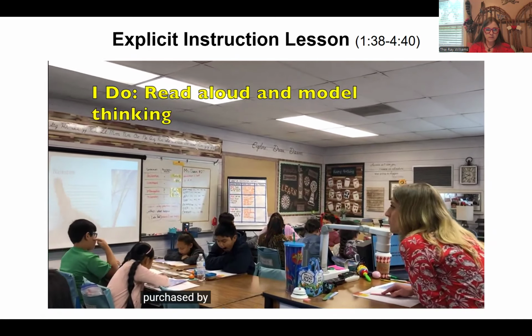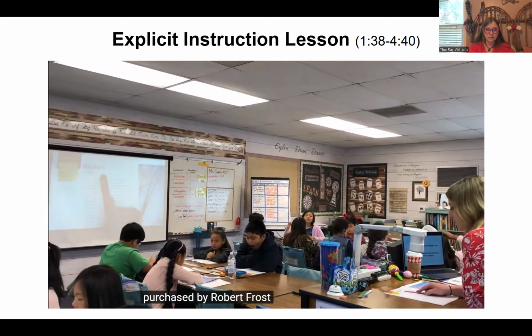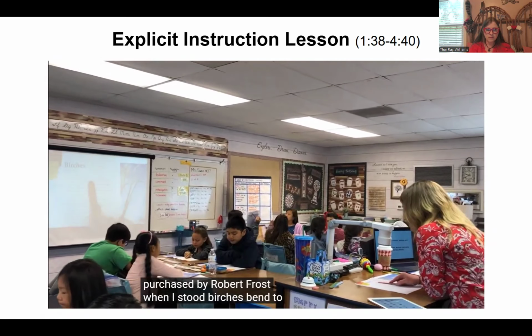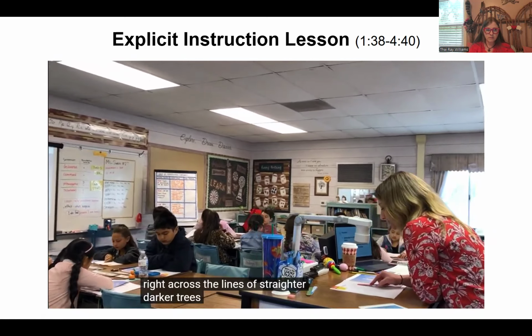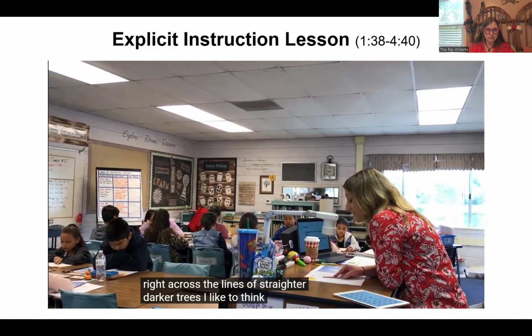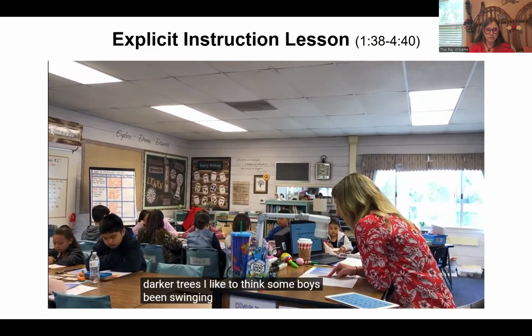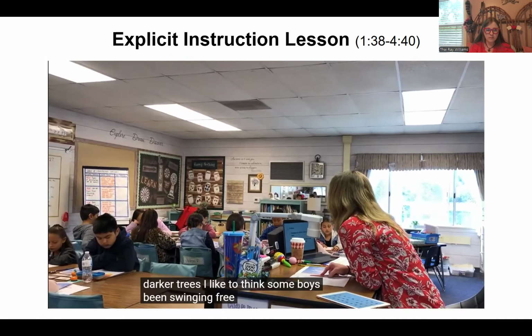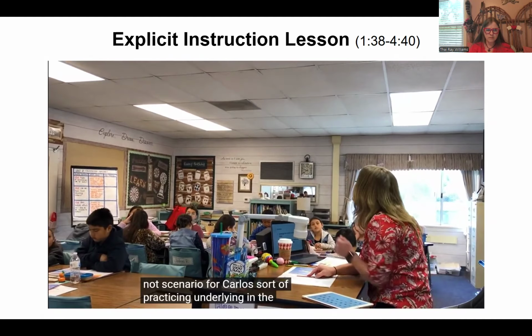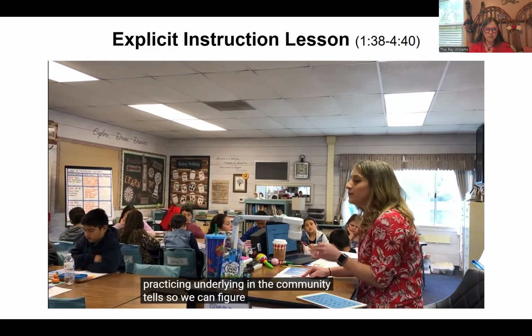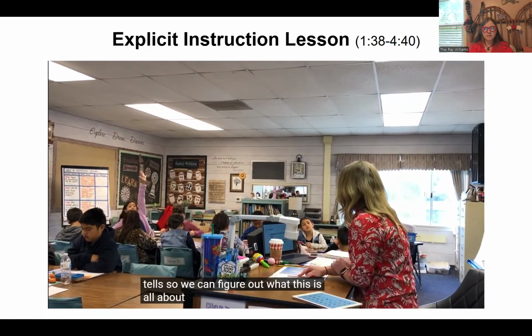"Birches" by Robert Frost. "When I see birches bend to left and right across the lines of straighter, darker trees, I like to think some boy's been swinging them." Great. Now today, remember, Carlos, we're practicing underlining the key details so we can figure out what this is all about.